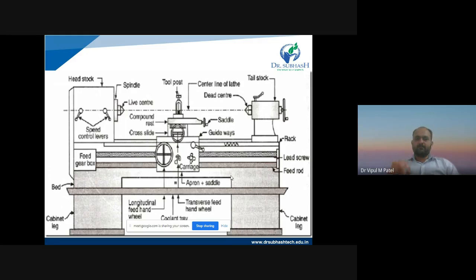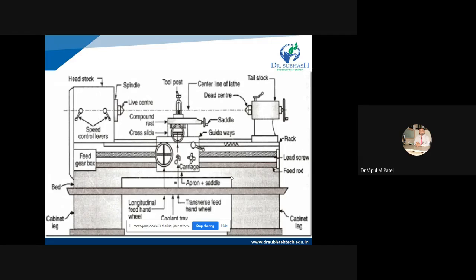With the use of this figure, you can easily understand all the principal units or components of this lathe machine, with their applications, why we are using each component, why we are using the lathe machine to perform different types of operations, and the importance of each and every important component.